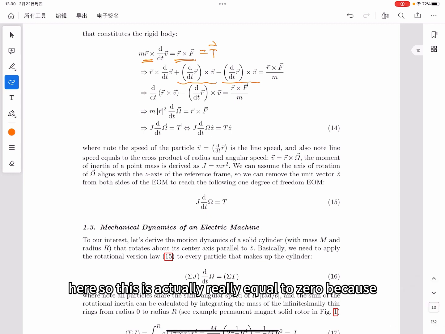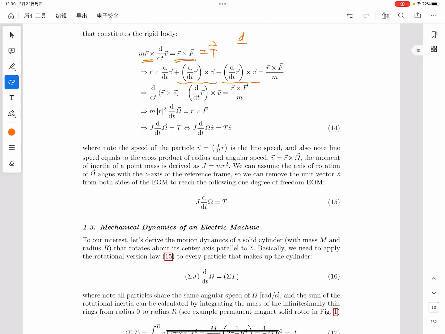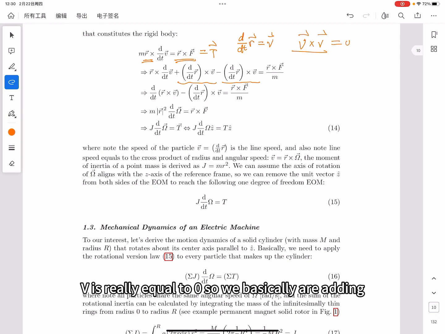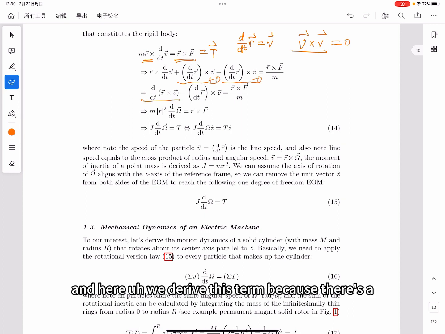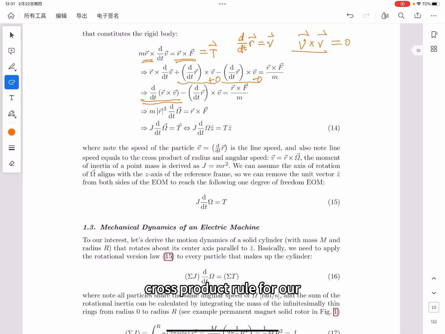So this is actually equal to 0 because d by dt r is equal to v, and the cross product v times v is equal to 0. So we basically are adding a 0 and subtracting a 0 here. And here we derive this term because there's a cross product rule for time derivatives.